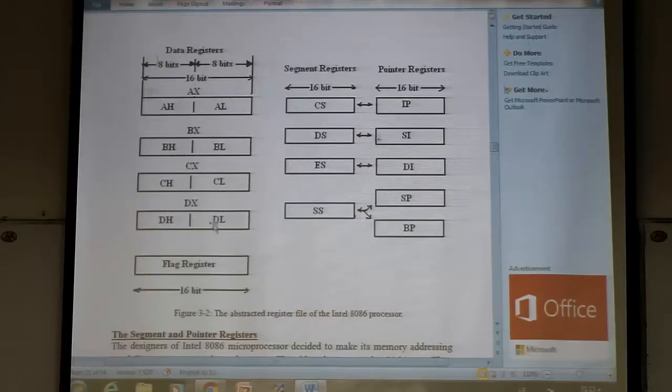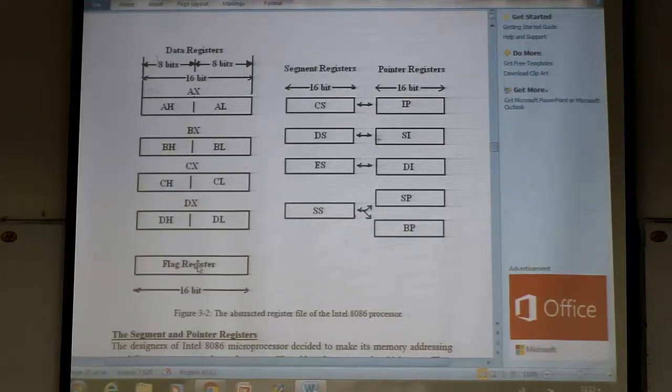Of course, these don't belong to the address generator. The flag register is a set of separate flip-flops which are set or reset by the result of the operations in the ALU. If the result of the addition or subtraction is 0, then the zero flag will be 1. The flip-flop will be set to 1.